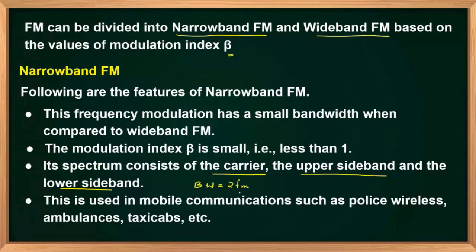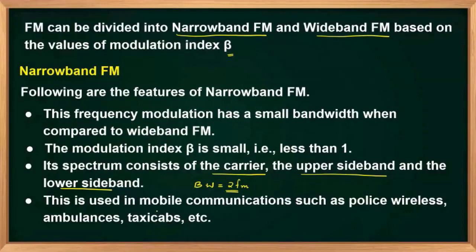It is mostly used in mobile communications such as police wireless, ambulance, taxi cabs, etc. In wireless sets, this type of narrowband FM is used because of narrow bandwidth and power. Power is used efficiently as compared with AM.